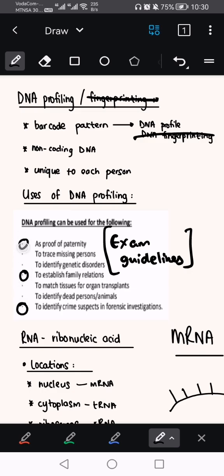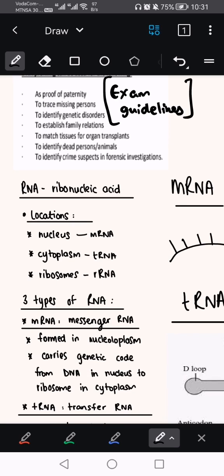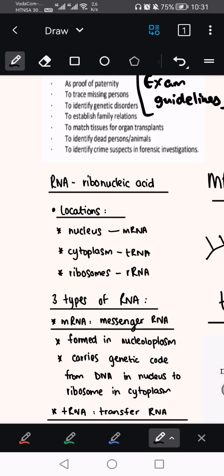Actually, those five are quite common ones, because for maintenance, obviously, you need to do paternity testing. So from exam guidelines, please keep that in mind. There will be a video titled DNA profiling exam question, and then you're going to look at how all of it comes together. Now, finally, that was all of DNA.